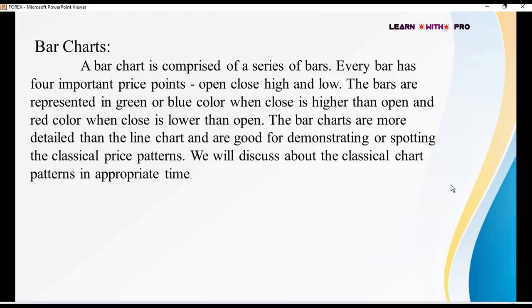The bars are represented in green or blue when the close is higher than the open, and red when the close is lower than the open. The bar chart is more detailed than the line chart and is good for spotting classical price patterns. We'll discuss classical chart patterns at the appropriate time.